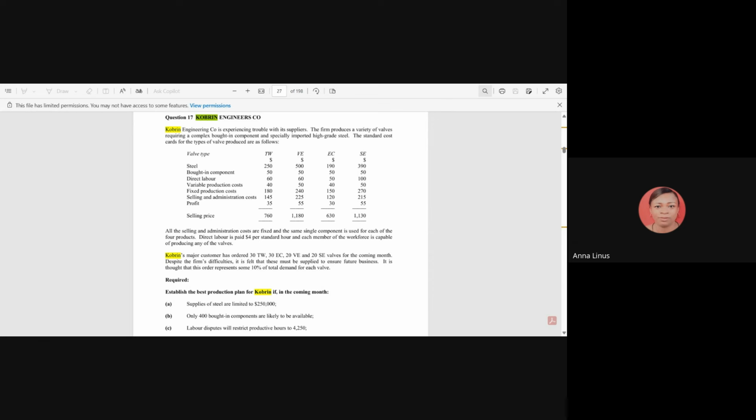All the selling and administration costs are fixed, and the same single component is used for each of the four products. Direct labor is paid $4 per standard hour, and each member of the workforce is capable of producing any of the valves. Cobrin's major customer has ordered 30 TW, 30 EC, 20 VE, and 20 SE valves for the coming month.